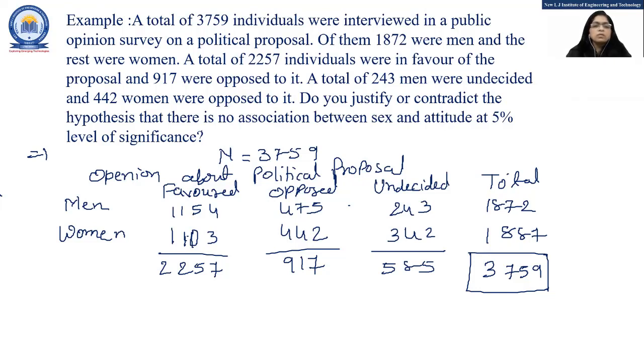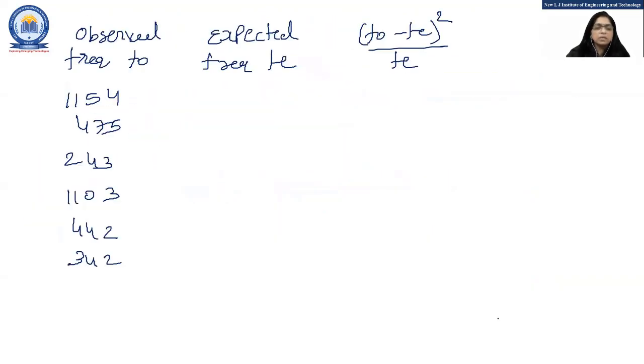So from this 1154, we have to make 1872 into 2257 divided by 3759, and we'll get 1124.